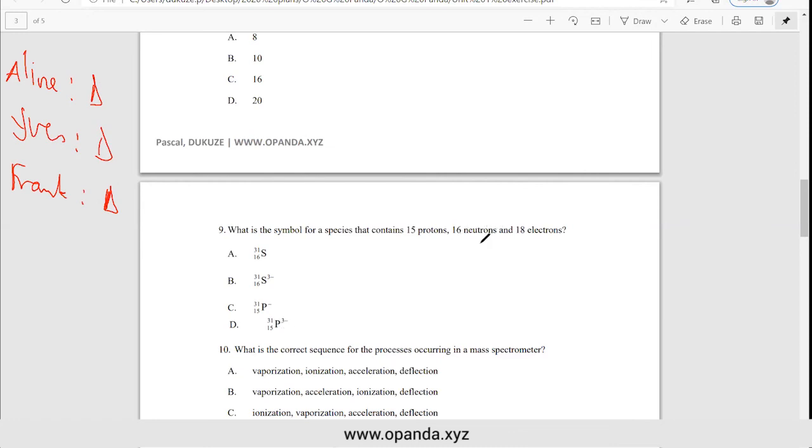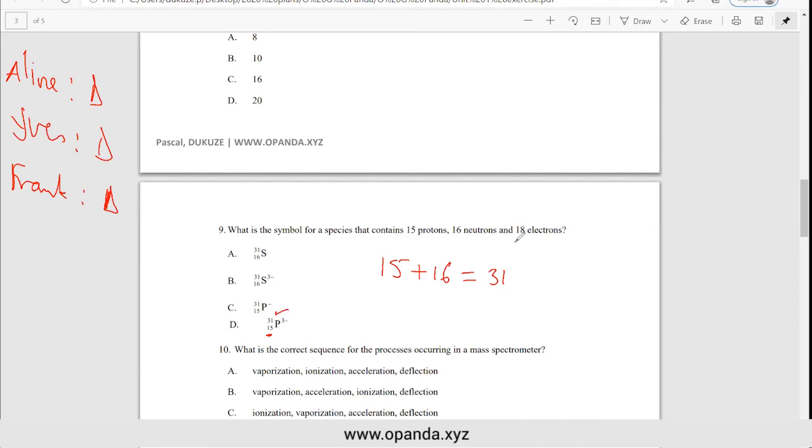We have 15 protons, so this is 15, and we have that here the mass number is 31. If we take 15 protons plus the number of neutrons, we get 31, so this is right.